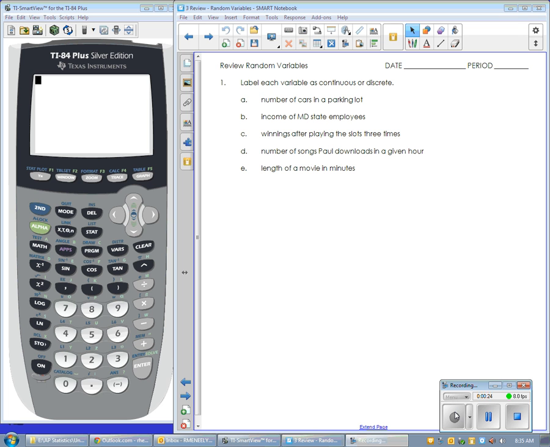So the first problem on your review deals with being able to identify whether or not a variable is continuous or discrete. Just to remind you the difference between the two, a discrete random variable has two criteria. In order for it to be discrete, it has to be a finite set of distinct values.